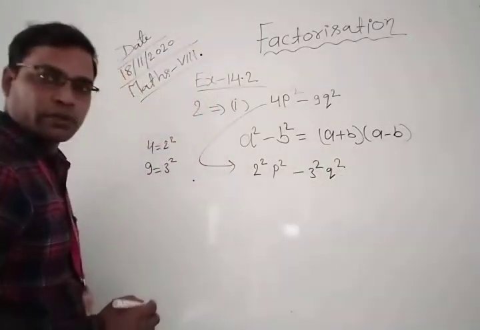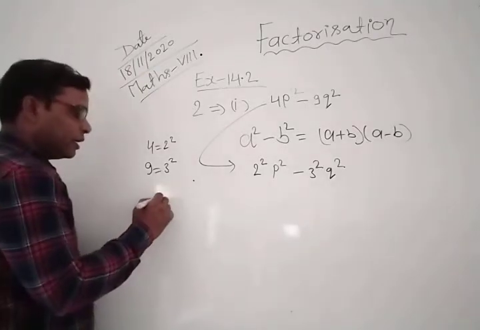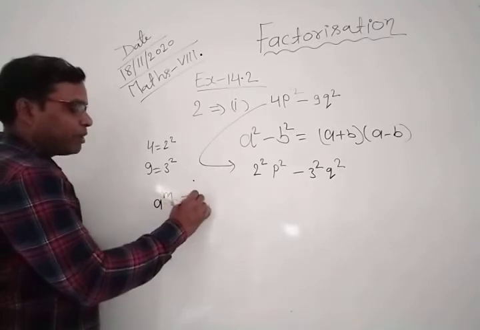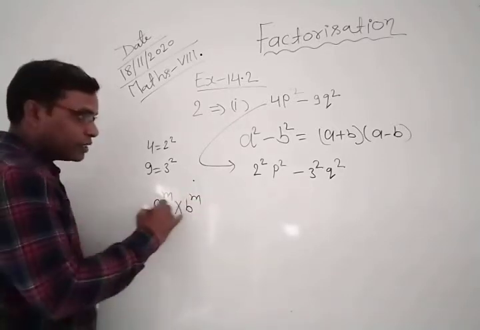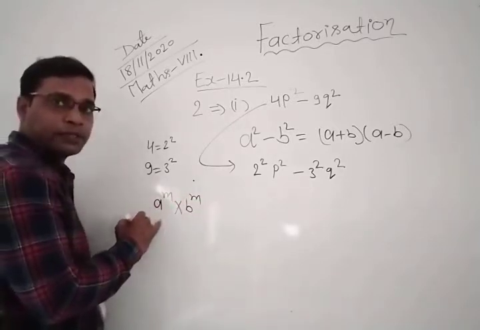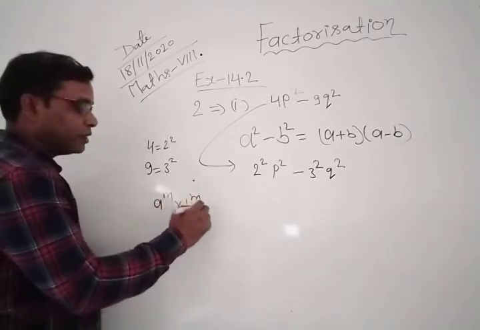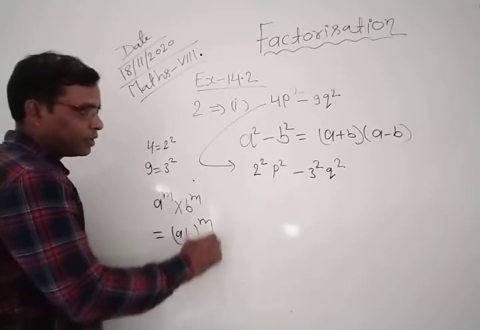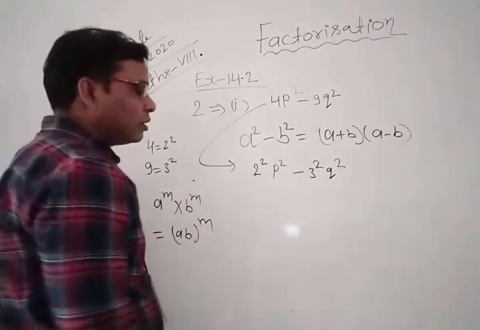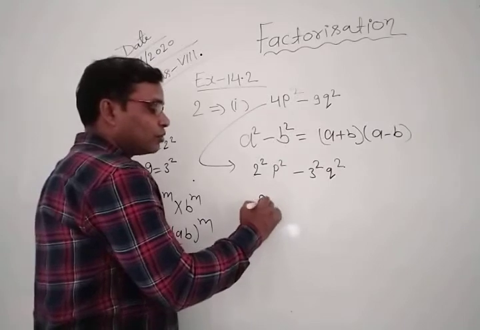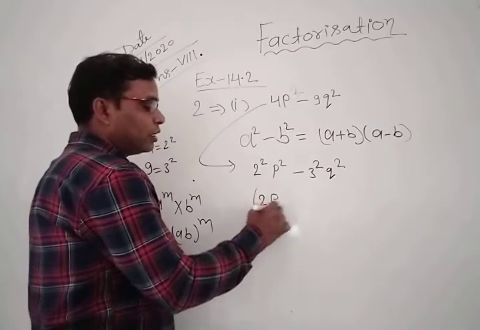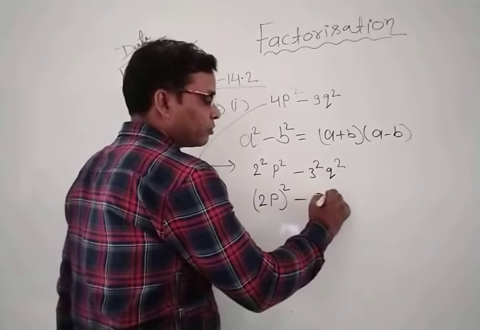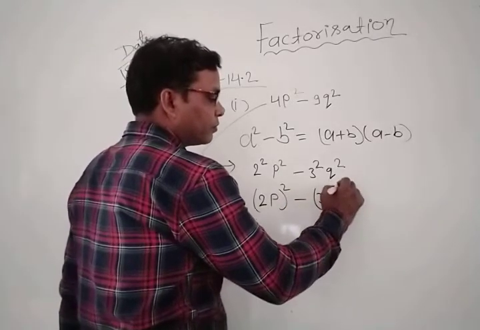But also we know that if a to the power m into b to the power m, here the bases are different but the power is the same, then you can write it as ab to the power m. Clear? So here you can write it as whole square of 2p minus whole square of 3q.